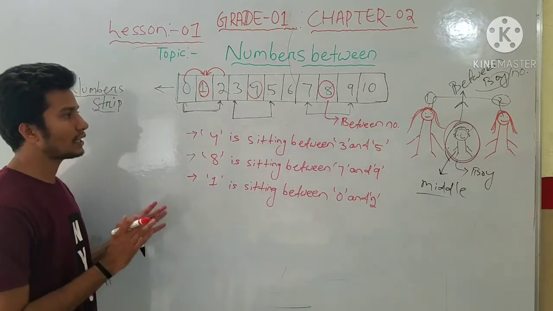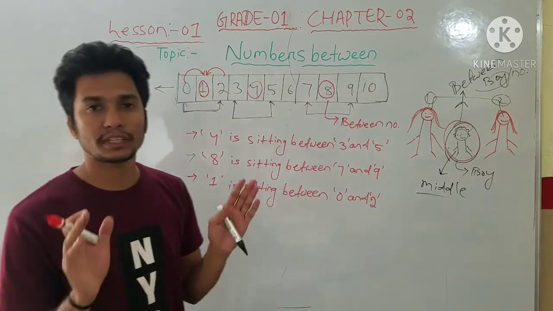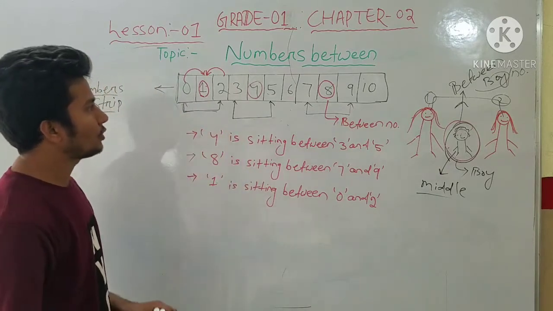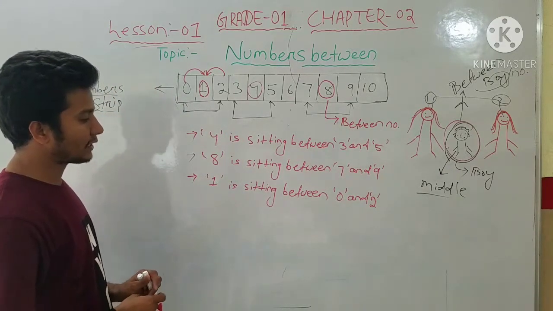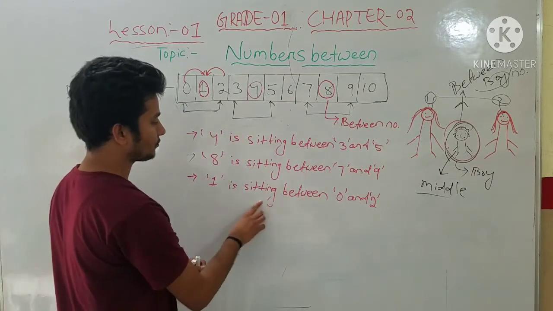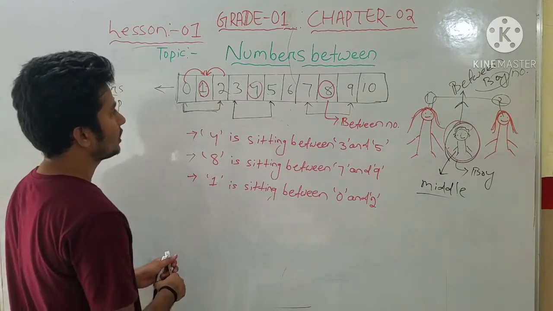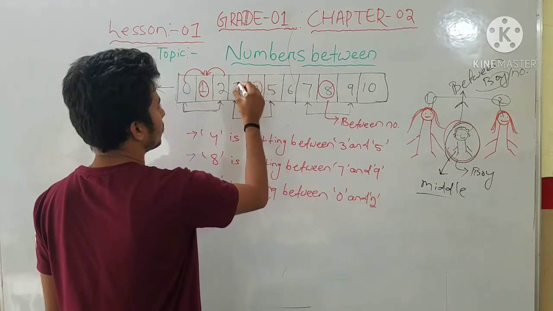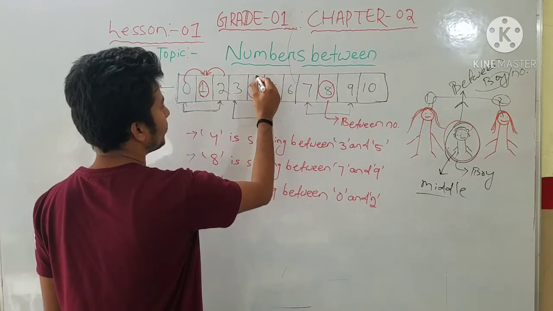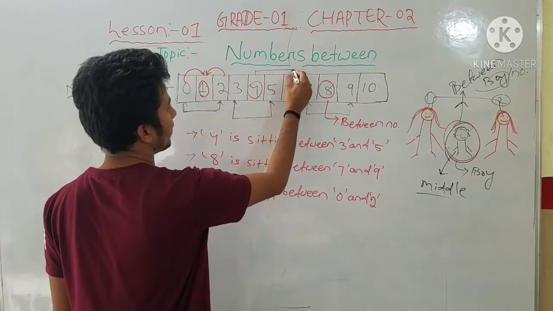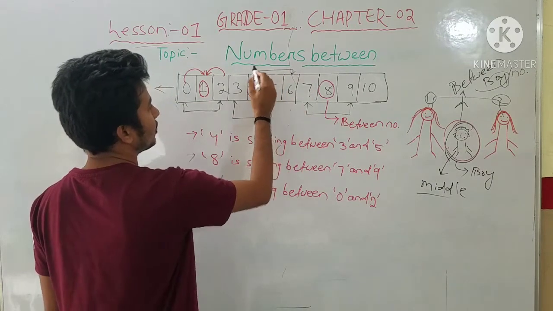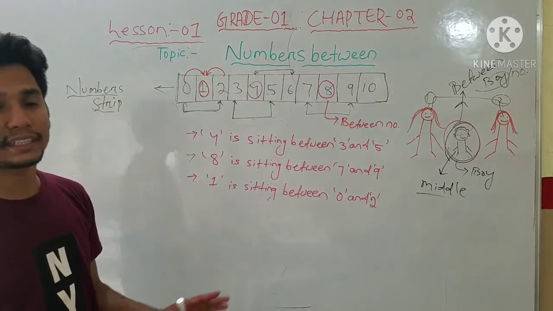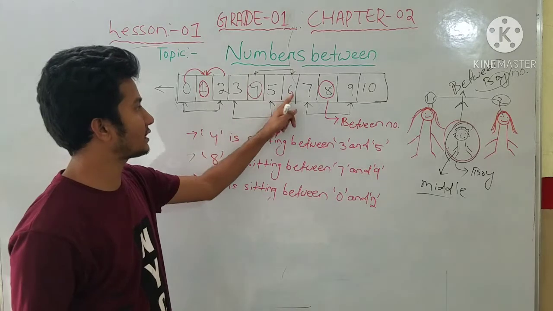Okay, who are the between numbers of given numbers? Like this, students, we can identify by taking another example. Students, see, if I ask who is sitting in between 4 and 6, which number is sitting in between 4 and 6?